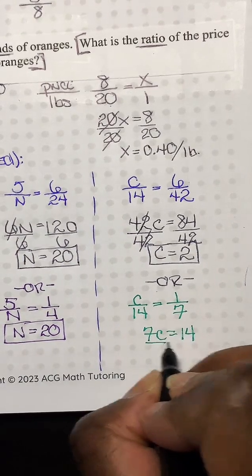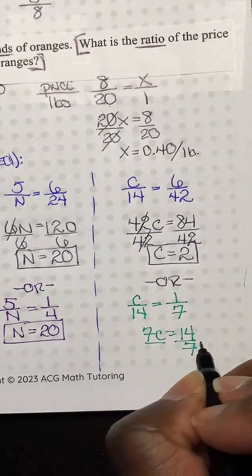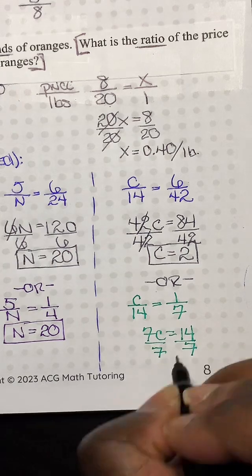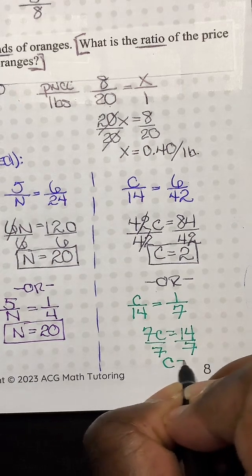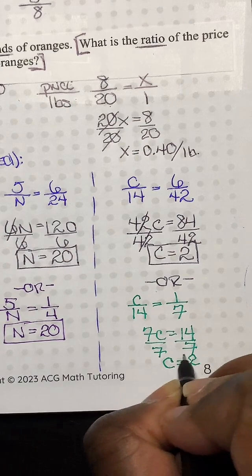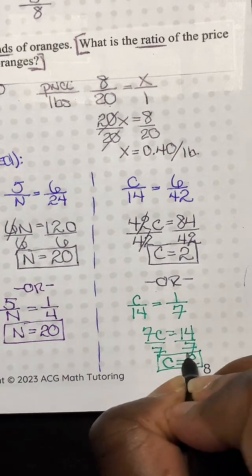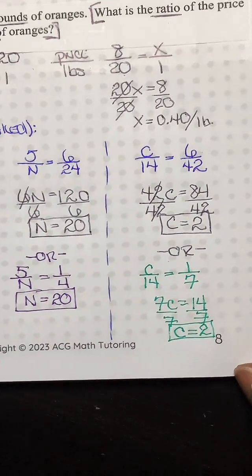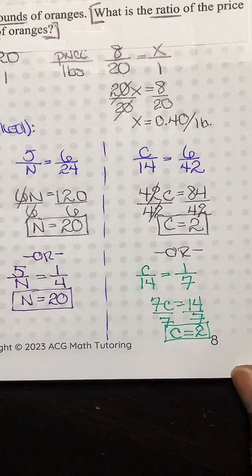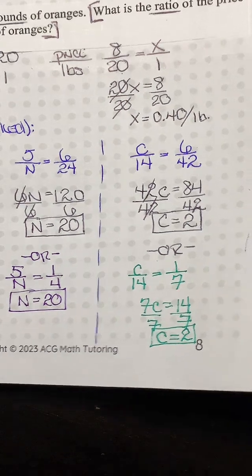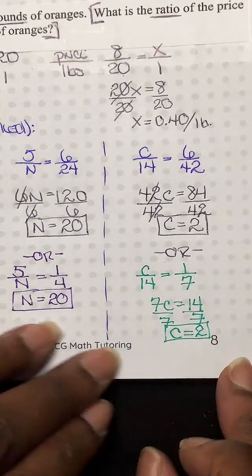Divide both sides by 7. Okay, making sure you're still in view. So then you get C is equal to 2. Okay. So the only thing is, always look to see if you can simplify before you do your cross multiplication. All right, good. Excellent. Thank you. You're getting there. Okay, I like that.